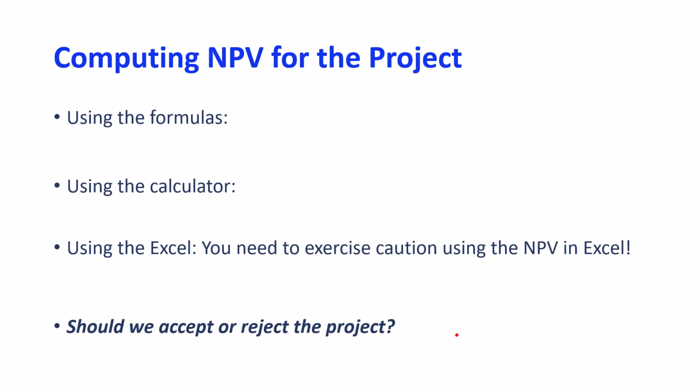If you use the formula, NPV would be the present value of the first cash flow, 63,120 over 1 plus the rate. Second cash flow is 70,800 over 1 plus the rate squared.